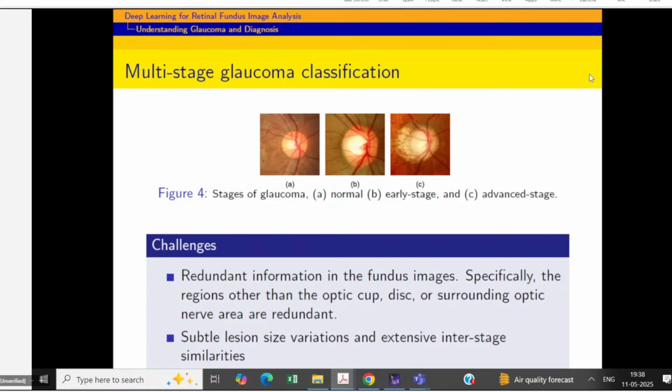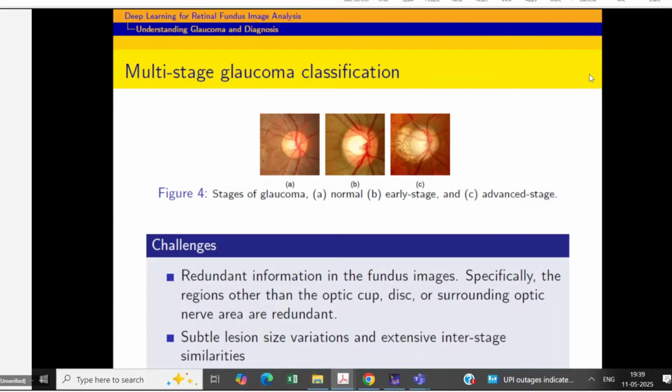When I say multi-stage glaucoma classification, what does it mean? Given a fundus image, you have to classify this image into certain categories like healthy, early stage, and advanced. There are also moderate stage and a few more stages which you can include, but it is very difficult to get those kinds of data sets, because the patients usually come at the later stages, as the doctors say.